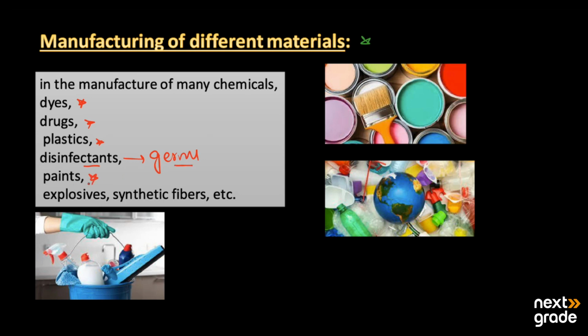It is used in the production of paints, explosives, as well as synthetic fibers. It is also used in the manufacturing of paints and varnishes, as well as in the production of different types of plastic products.